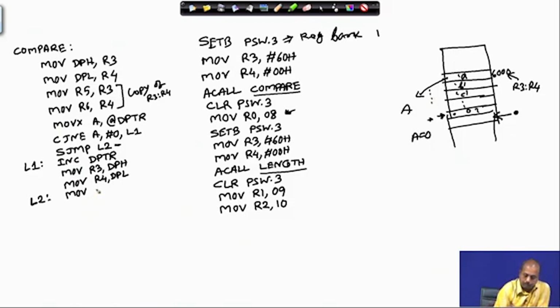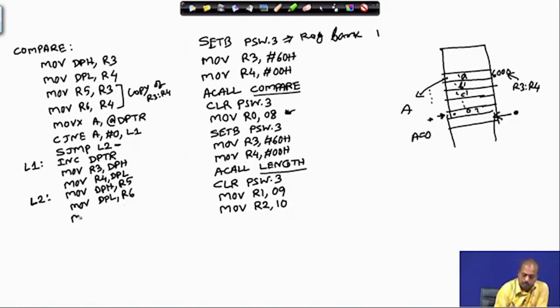So we first do MOV DPH, R5 and MOV DPL, R6. In the R5 R6 pair we had stored the previous DPH DPL values, so those values are moved from R5 and R6.